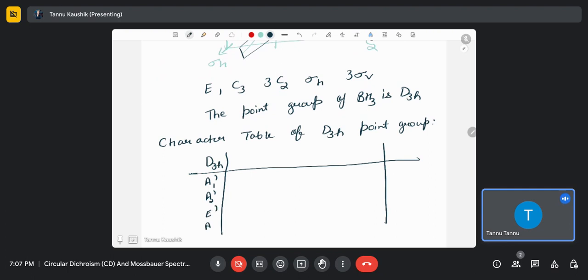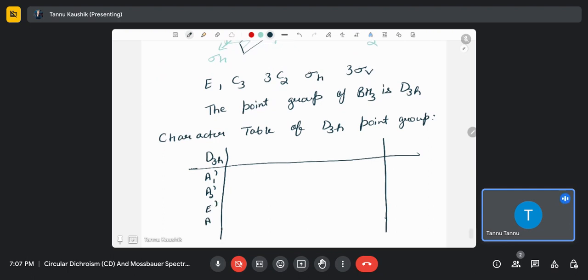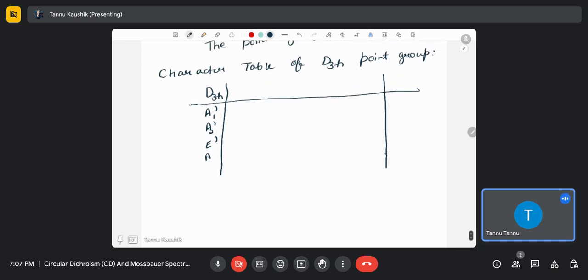For more details about how we can generate these character tables, you can look into the symmetry and point group course. I'm writing it directly here. E, 2C3, and here we write the names of all symmetry elements and classify them into different classes based on certain rules.